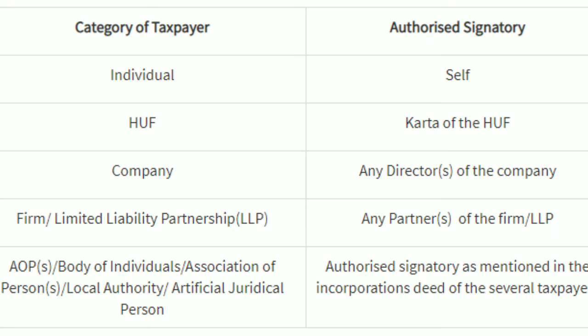In the case of firms or limited liability partnerships, any partner of the firm or LLP can be the authorized signatory. When it comes to AOPs, body of individuals, association of persons, local authority, or artificial juridical person, then the authorized signatory is as mentioned in the incorporation's deed of the several taxpayers.